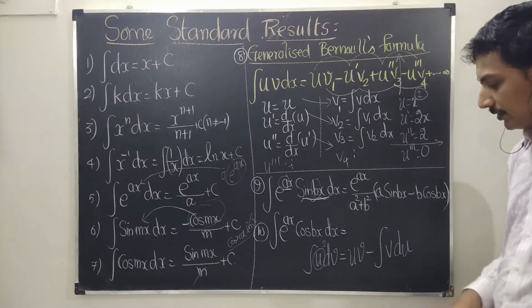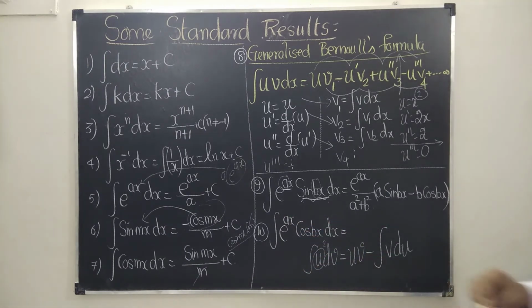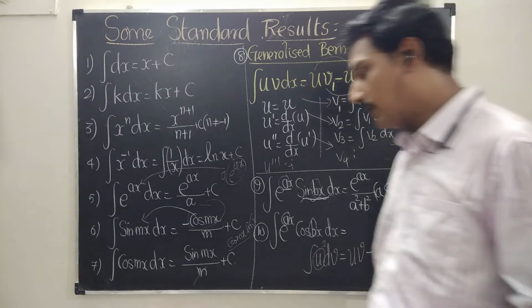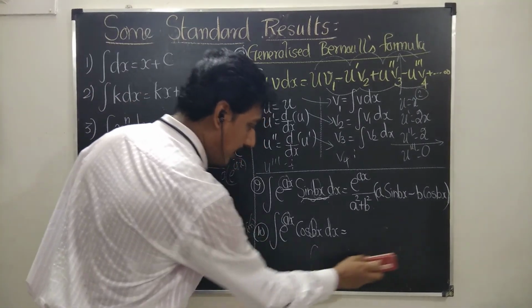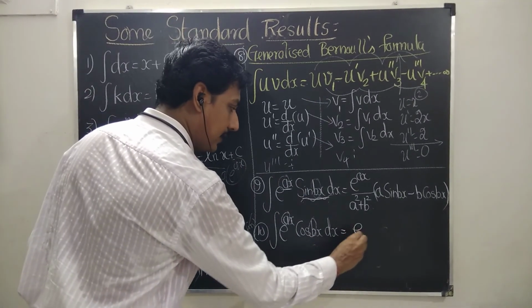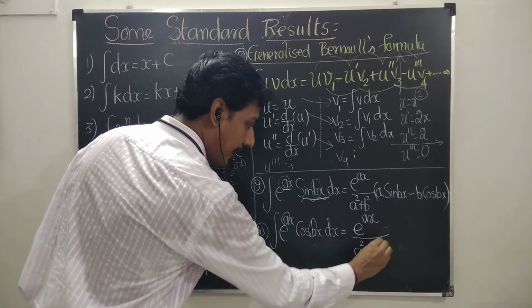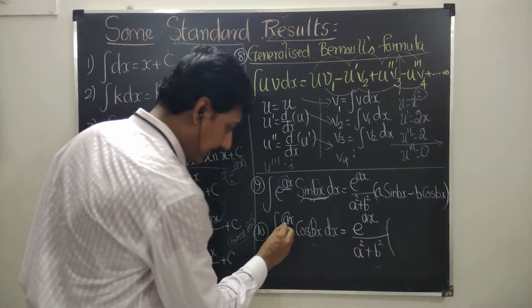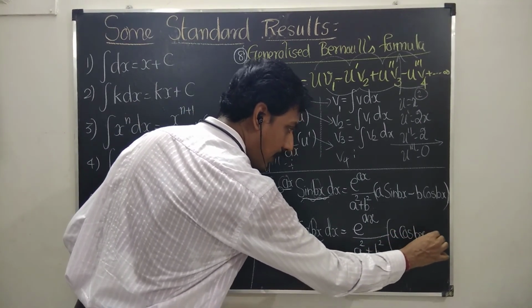Similarly, let me find the formula for integral e to the power ax cos bx dx. Once again the same idea. a is the coefficient of x in the exponential term, b is the coefficient of x in the trigonometric term. Once again using the by parts formula, integral e to the power ax cos bx dx is e to the power ax divided by the sum of the squares of the coefficients in the exponential term and the trigonometric term, a squared plus b squared, into a cos bx minus, formula minus.